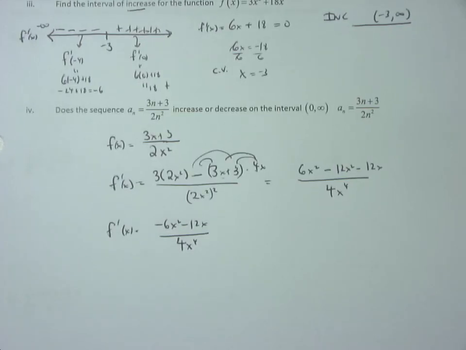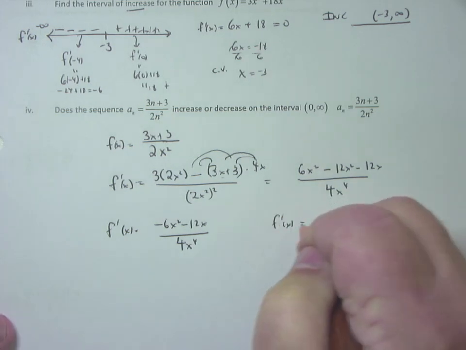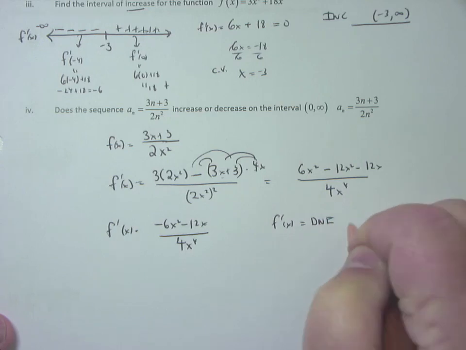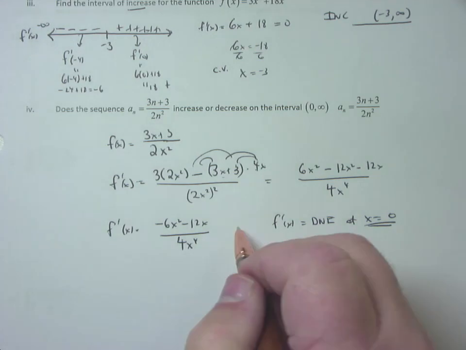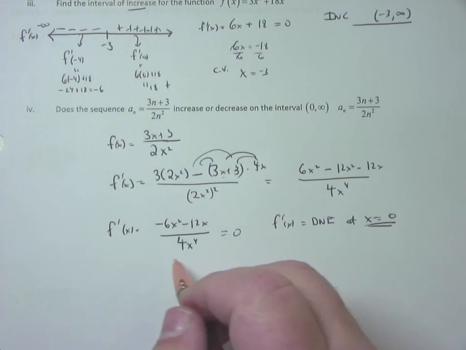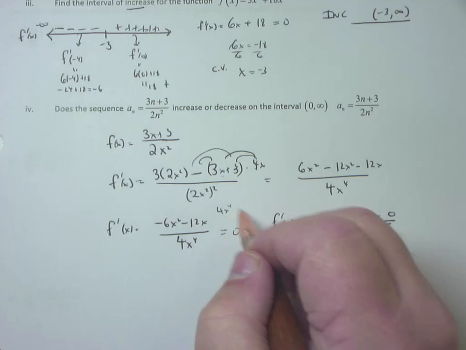You'll notice something or other. There's a point that the first derivative does not exist at. f prime of x does not exist, DNE, at x equals 0. So we're going to have to omit x equals 0. But we're looking for critical points. So, to find critical points, I'm going to set my derivative equal to 0 and solve. I'm going to multiply both sides by x to the fourth.